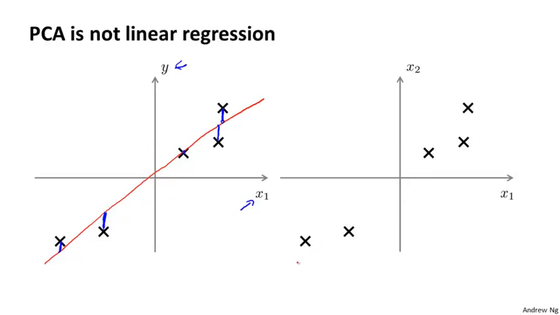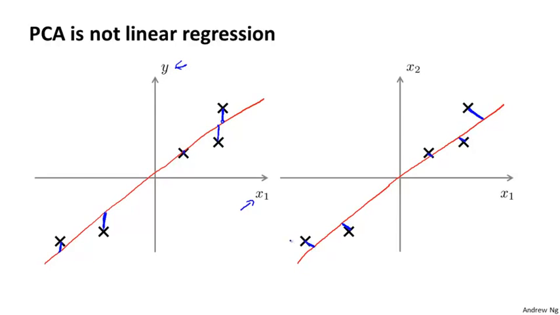In contrast, PCA tries to minimize the magnitude of these blue lines, which are drawn at an angle. These are really the shortest orthogonal distances, the shortest distance between the point x and this red line. And this gives very different effects depending on the data set.